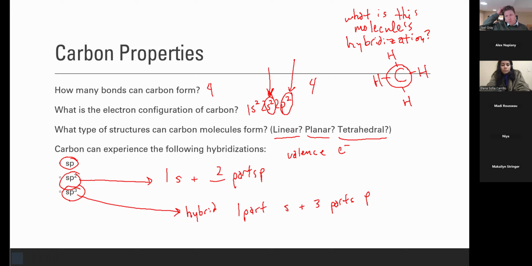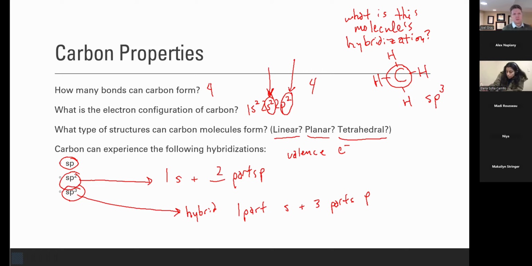So I want you to use that number as your way of looking back at hybridization and saying, okay, well, if our central atom is bound to 4 things, it is sp3 hybridized.